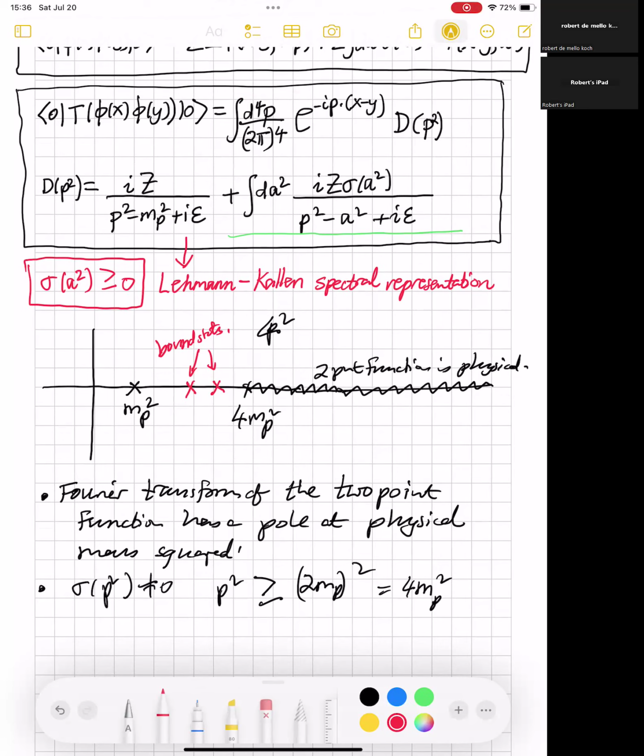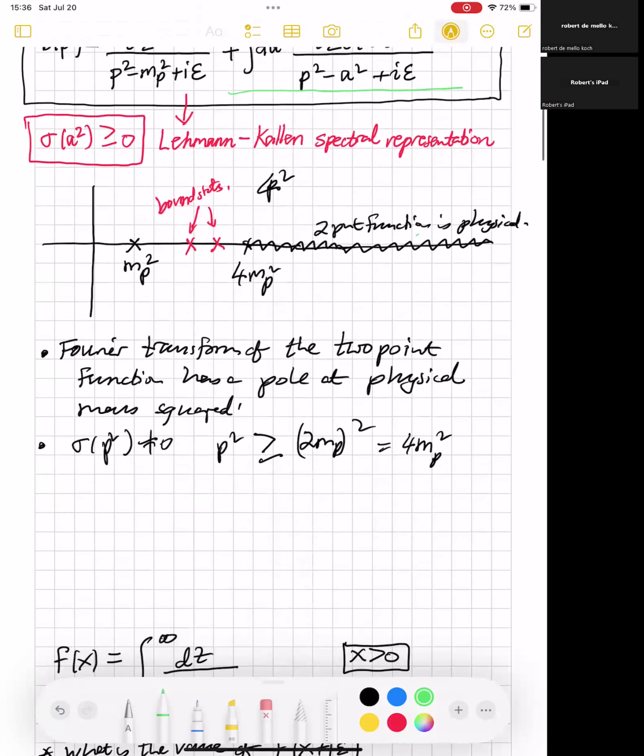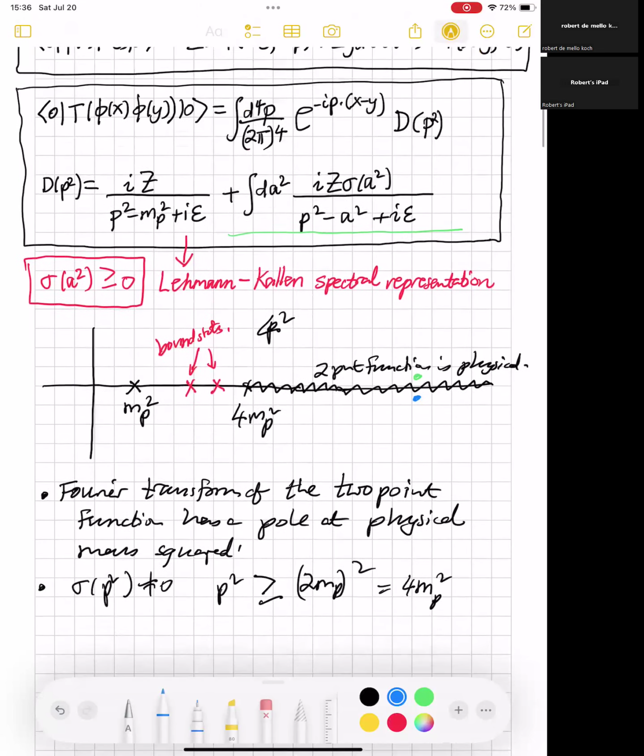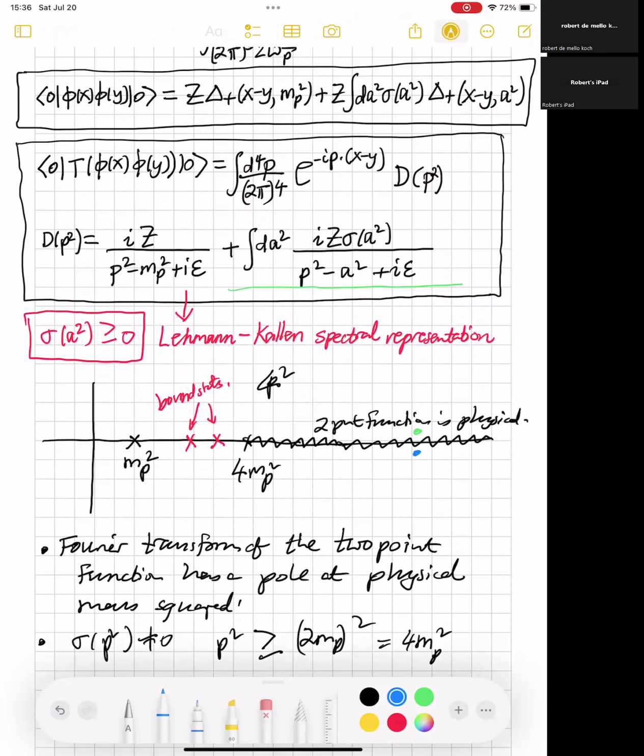Across the cut, the Green's function is not continuous. So evaluate the d of p squared just above the cut, at the green dot, or just below the cut at the blue dot, and you'll get very different values. So that's why we need to cut the complex plane.